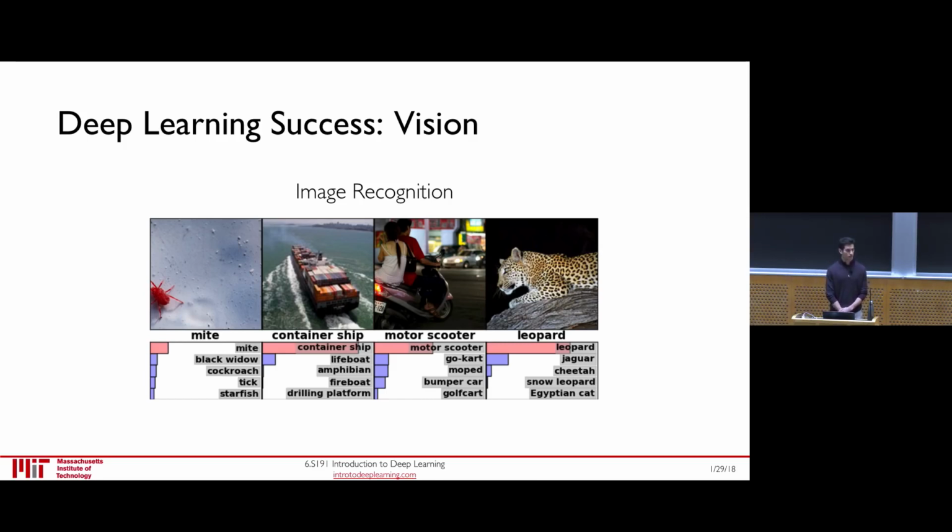And the winner in 2012, for the first time ever, was a deep learning-based system. When it came out, it absolutely shattered all other competitors and crushed the challenge. And today, these deep learning-based systems have actually surpassed human-level accuracy on the ImageNet challenge and can recognize images even better than humans can.